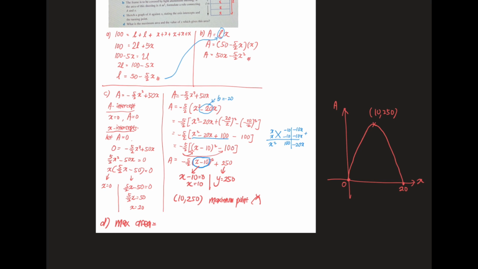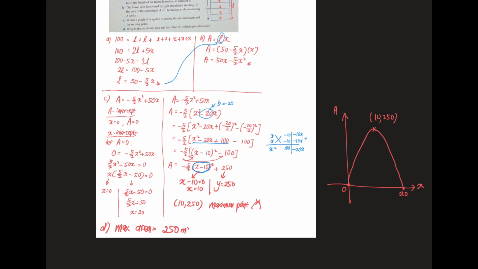This is the maximum area, 250 meters squared. Then they also ask for the x value, so x is this x value from the turning point here, 10 meters. And this question is finished.